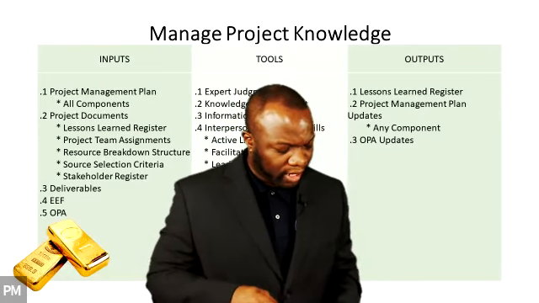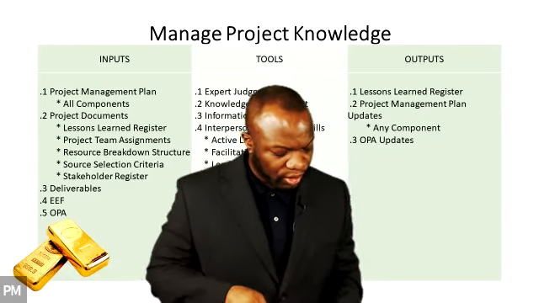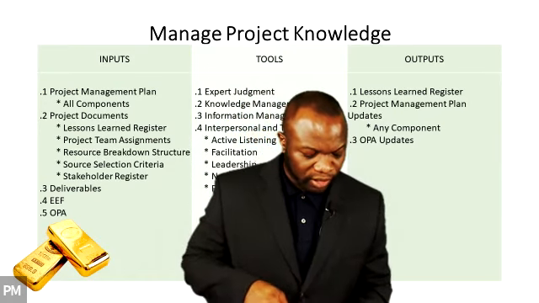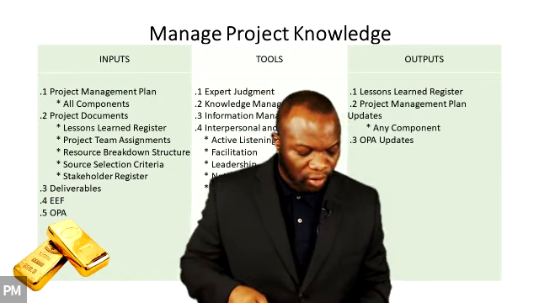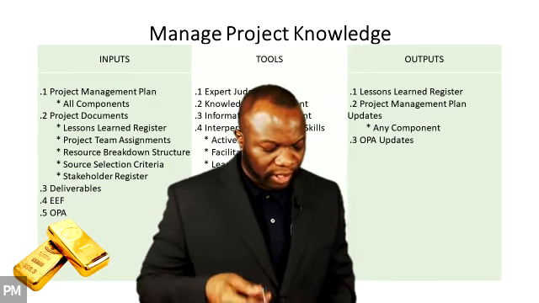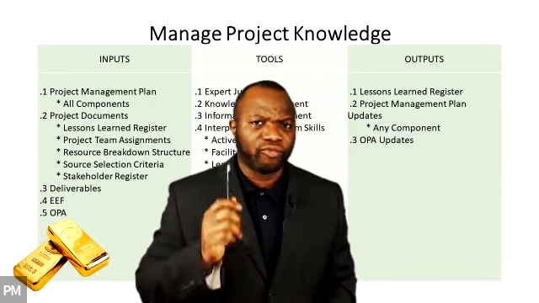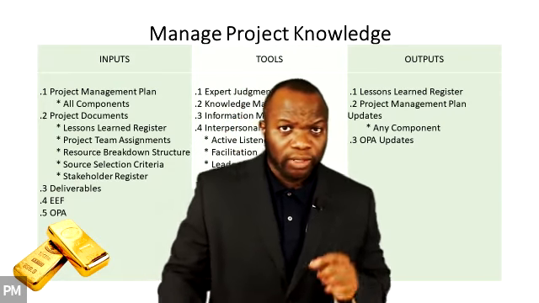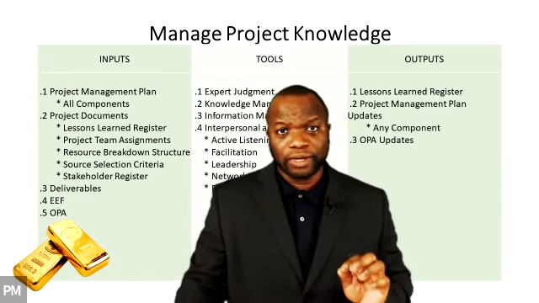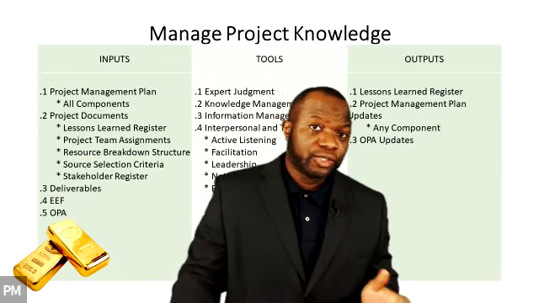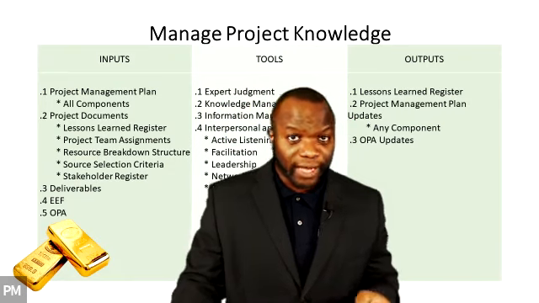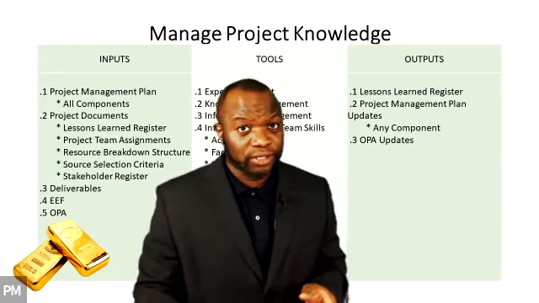It says at the end of a project or phase, the information is transferred to an organizational process asset called a lessons learned repository. Write that down. LLR, lessons learned repository, or LLREP. So you don't confuse this with the LLREG, the lessons learned register.